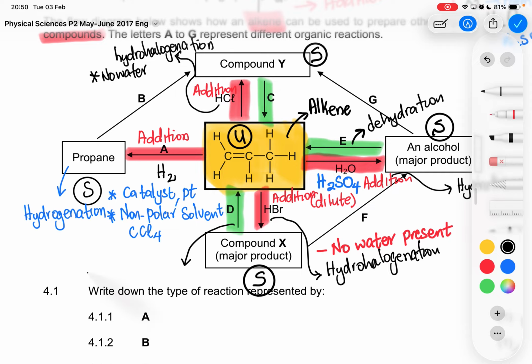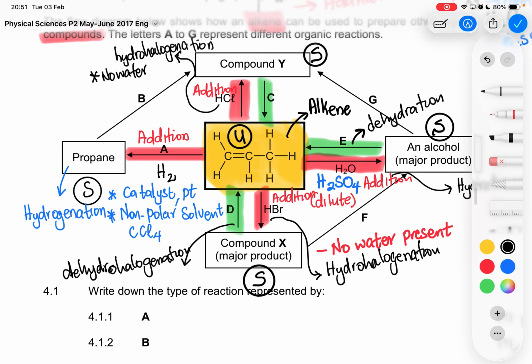Dehydrohalogenation. Good boy. Dehydrohalogenation. Thank you, Khotatso. Yes, Sekhametsi, it is dehydrohalogenation. And also reaction C. What is reaction C?